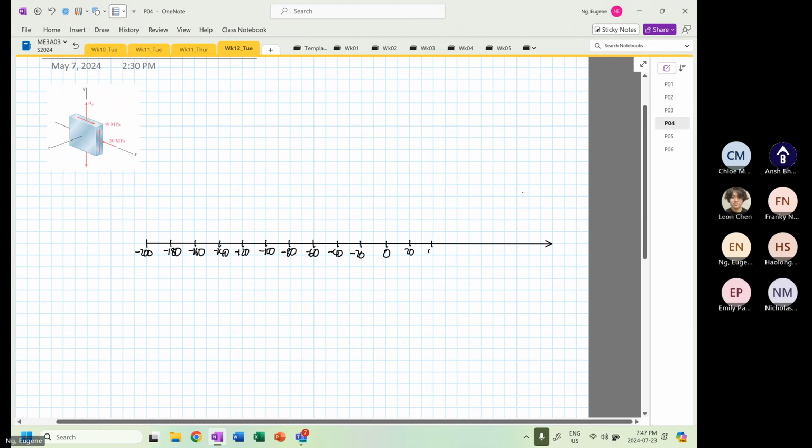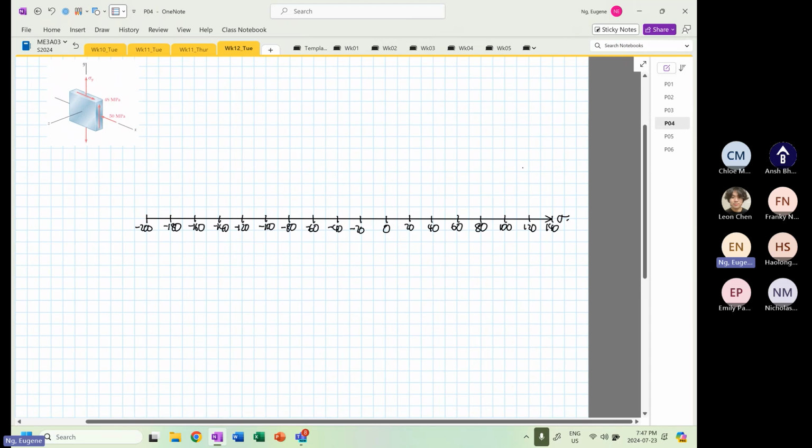0, 20, 40, 60, 80, 100, 120, and 140. So this is normal stress. And then we have shearing stress.